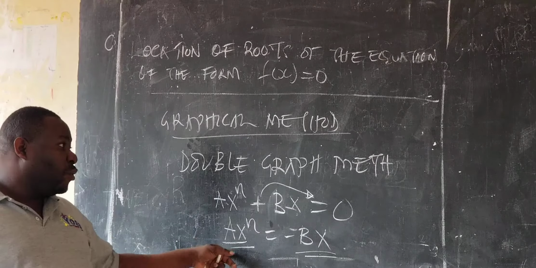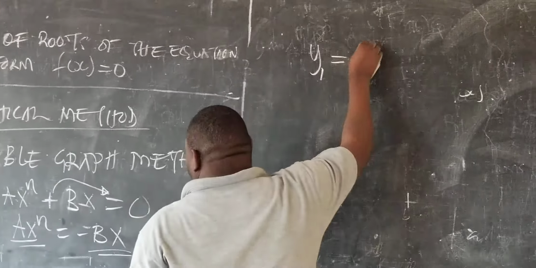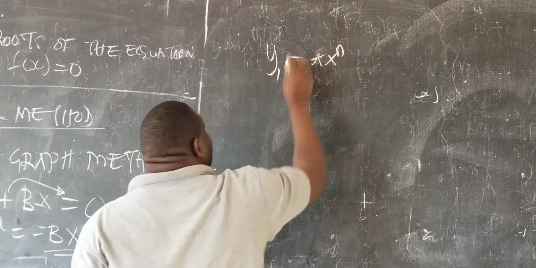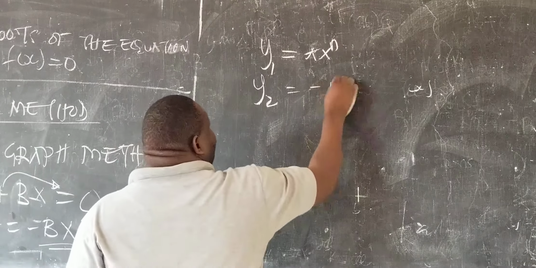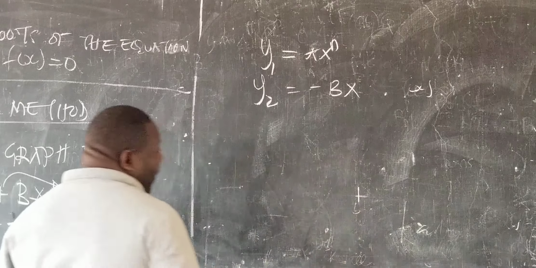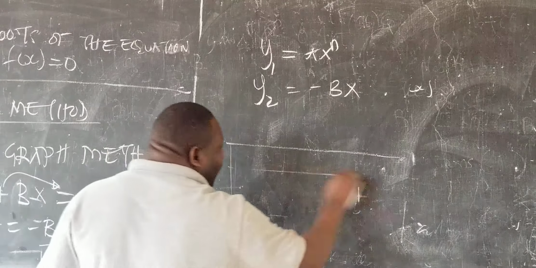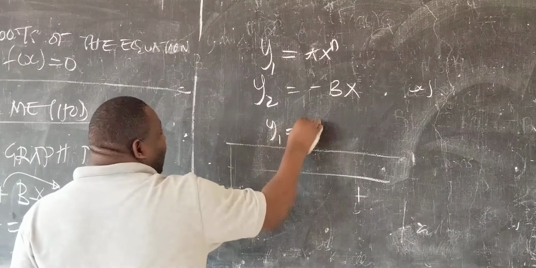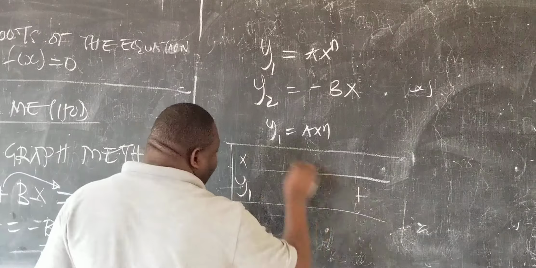Then on this side, you have y1 equals ax^n, then you have y2 equals negative bx. So when you plot, you draw your tables. You will have y1 equals ax^n, with values of x and the corresponding values of y1.